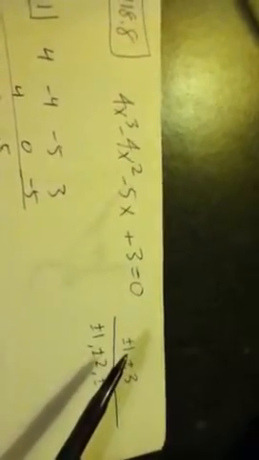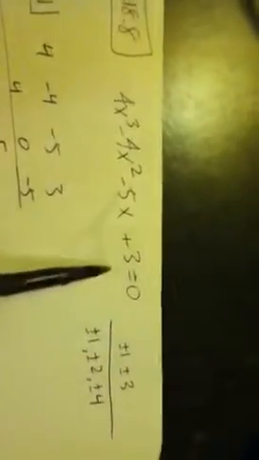118, number 8. It says 4x cubed minus 4x squared minus 5x plus 3. I'm supposed to find the roots. Since we just learned the rational root theorem, I'll go ahead and find out what my candidates are. Again, I've probably said this a zillion times, I usually won't do the rational root theorem until after I've tried 1 and -1 and they didn't work.